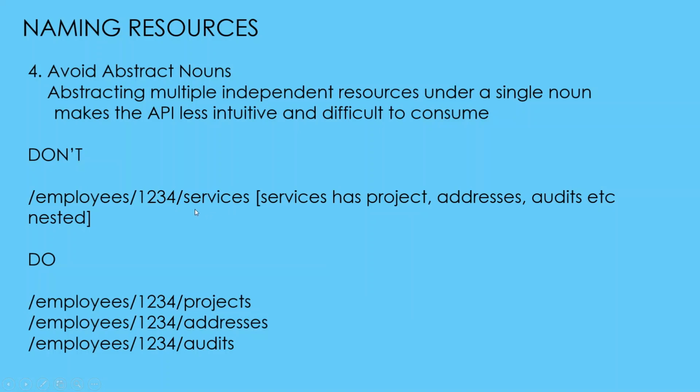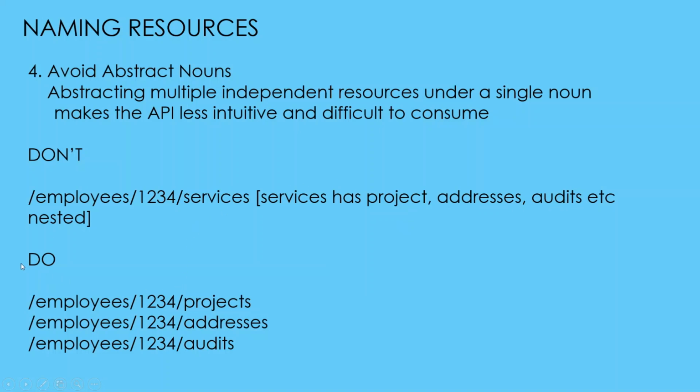Now if I am the developer or the consumer of this API, I'll have to go through the documentation to understand what all the values can be returned by services, or I have to go through the JSON or XML payload to understand the data that is being retrieved from the services. Like in this case, service has projects, addresses, and audits nested into it.